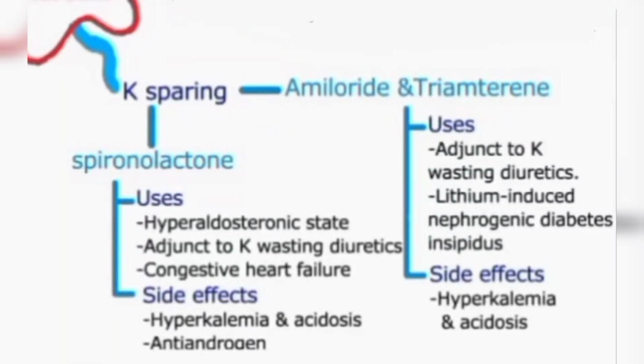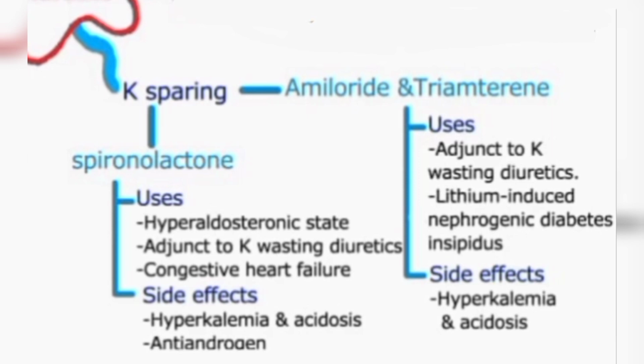Then moving from there, we are going to go to another category of drugs. These are the potassium-sparing diuretics. Examples, we have spironolactone, triamterene, and amiloride. The mechanism of action, they act on the collecting tubule.